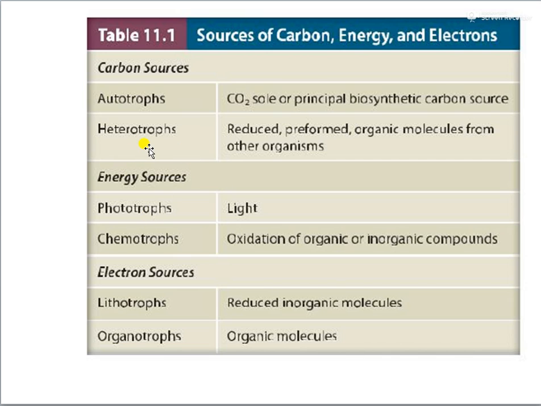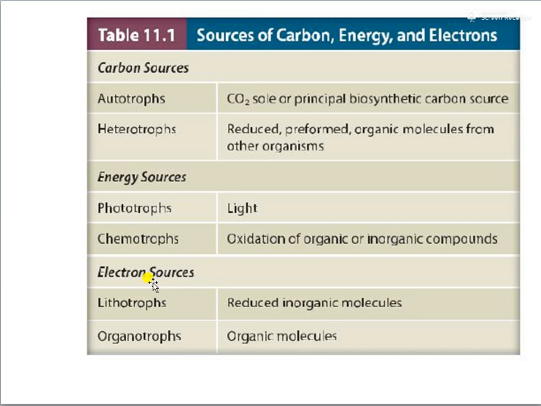Now, not only carbon, they also require energy. The energy can be derived from light. The microbes which use light are referred to as phototrophs, and the organisms which utilize chemical energy are referred to as chemotrophs. How do they get this chemical energy? By the oxidation of organic and inorganic compounds.